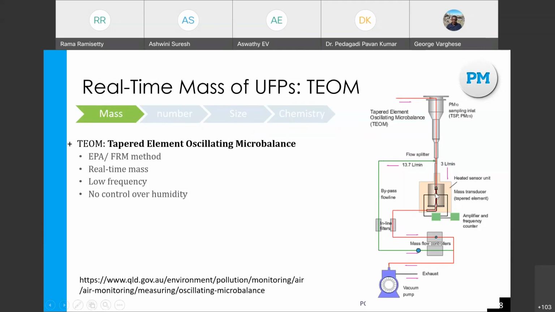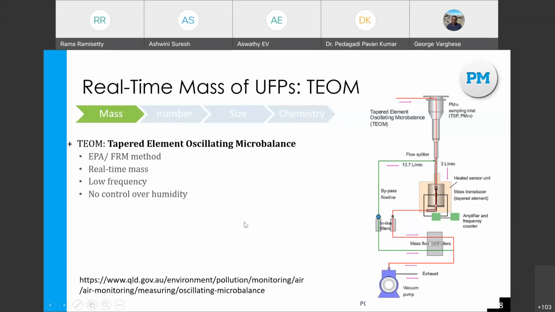Whenever a particle falls on this tapered element, the vibrational frequency will change. The change in the frequency will be recorded, and it is directly proportional to the total mass accumulated on the tapered element. In this also, we do not have any control over the humidity.